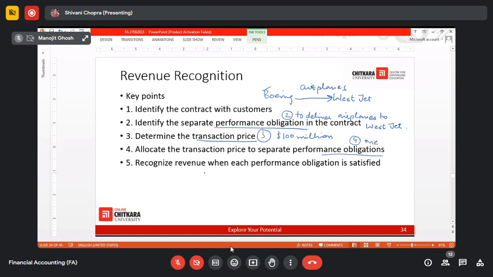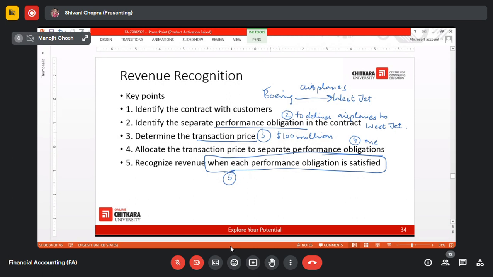Whereas now recognize revenue when each performance obligation is satisfied. This is where the companies or where an organization need to pay attention. When would Boeing recognize the revenue?